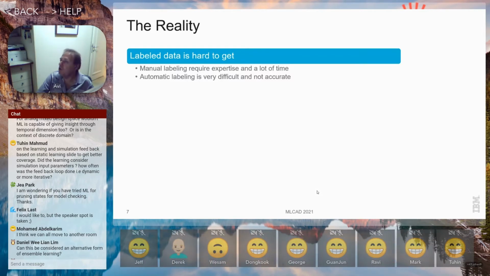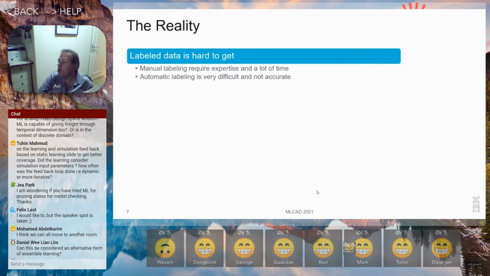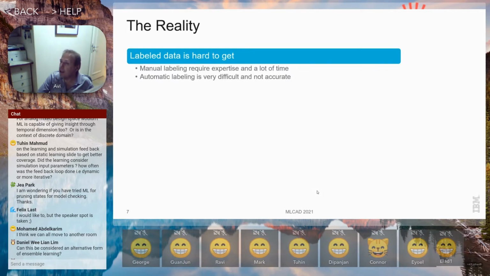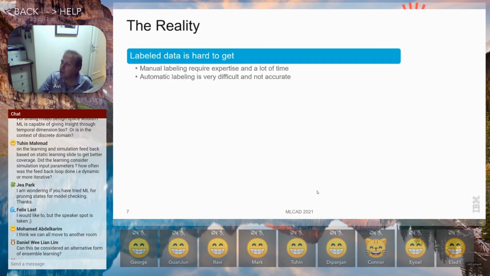Even if you look at more sophisticated data, like observing CT images and trying to decide whether there is a cancer in them, when you need an expert, you need some radiologists to do that. There are a lot of radiologists that can do the work, so if you give each of them a small number, they can give you a large set of labeled data.